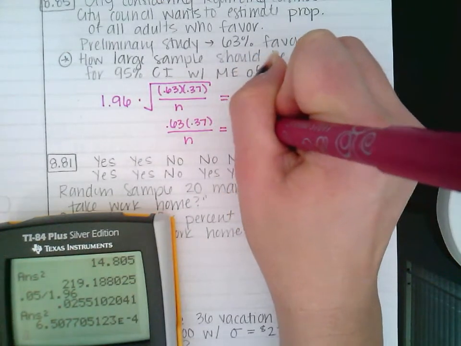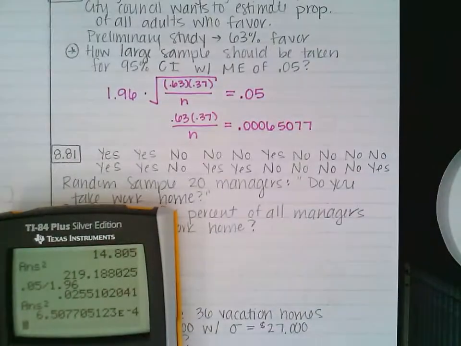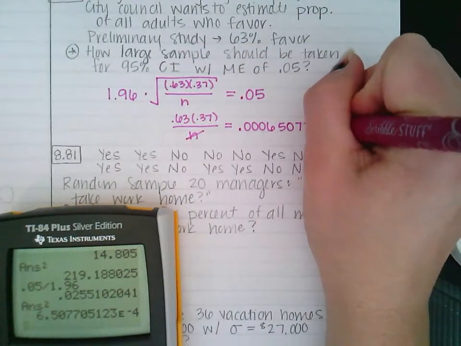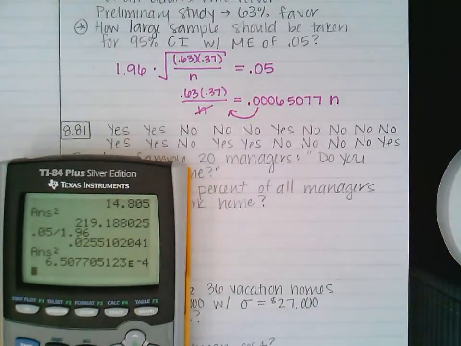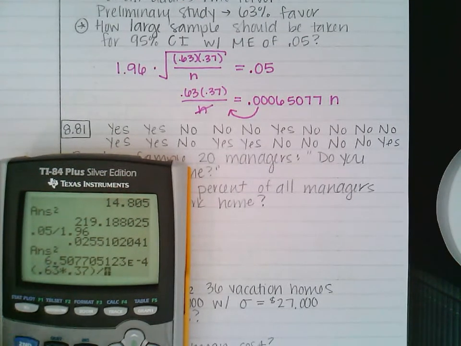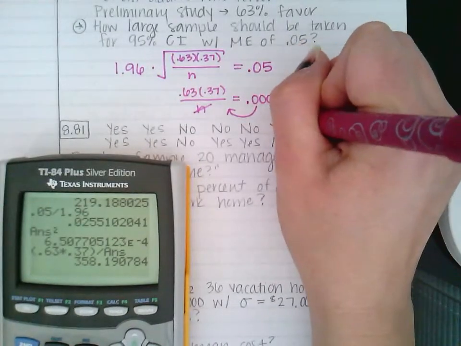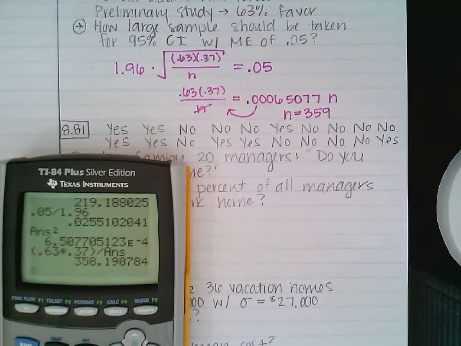Okay, so now to solve this for n, we're going to multiply n over here and divide here. And so how I like to do that in the calculator is I like to say, okay, in my numerator, I have this multiplication, and then divide by that answer that I just got. Okay, and it will find the n, and always round up for margin of error questions.